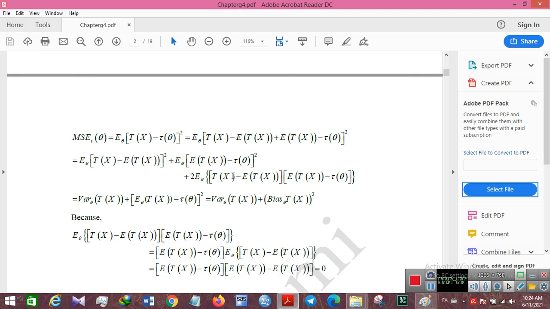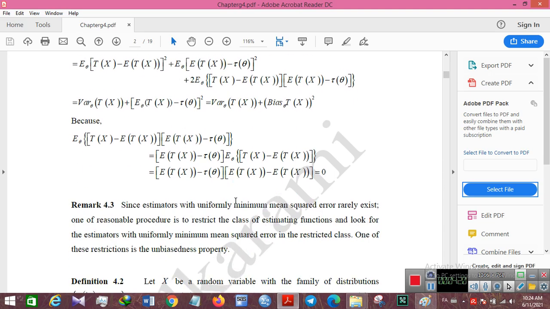Then the mean square error is equal to the variance of T(X) plus the square of the bias, where the bias is defined as the expectation of T(X) minus theta.